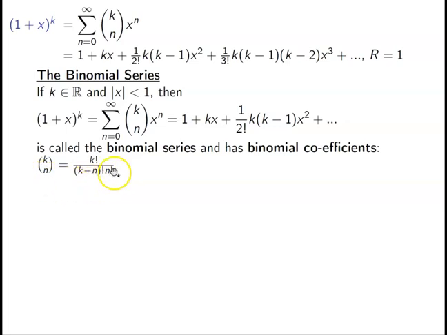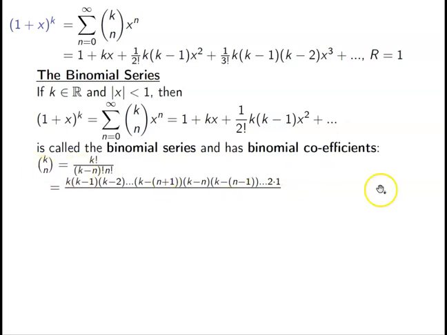So if we expand this, we get k times k minus 1 times k minus 2 times k minus 3, etc., etc. This is an intermediary term where we're at k minus n plus 1, and then we're going to have k minus n, k minus n minus 1, and so forth till we get down to 2 and 1. We do not include 0, because if there was a 0 on top, obviously everything goes to 0. We've already discussed this, but don't forget that.